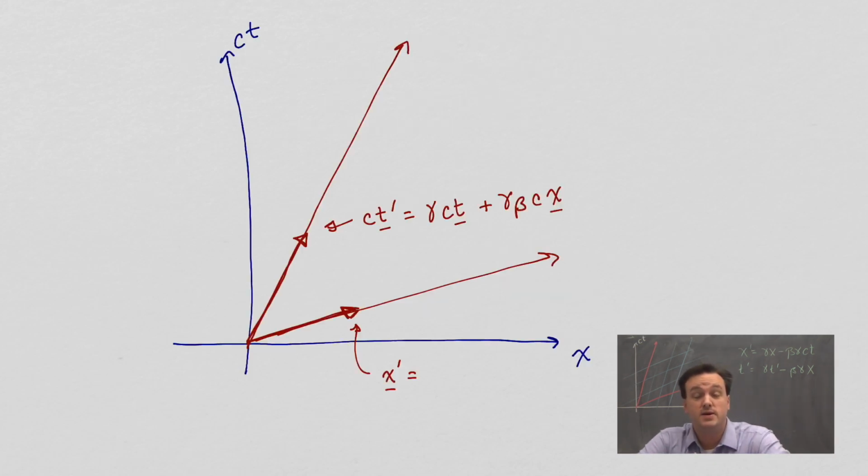So let me go back to this picture, because now I'm all set to solve for what the transformation of the x prime vector looks like as well, right? And I can remember that this transformation is symmetrical about that 45-degree line. So where the ct prime unit vector got distorted by moving a little bit to the right, the x prime vector gets distorted by moving a little bit up.